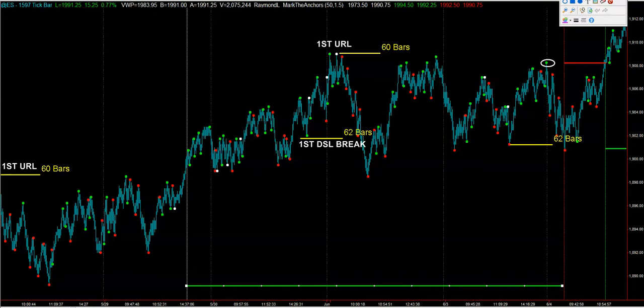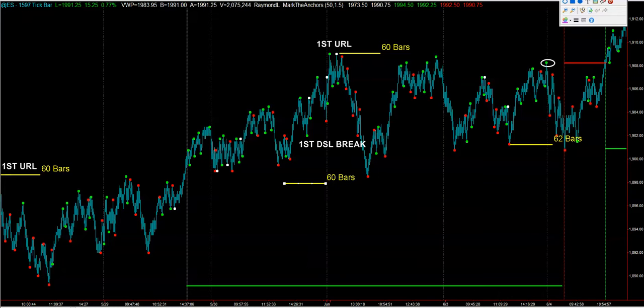Now, let's explore that. DSL is a downward supporting level, the opposite of a URL. The minimum bar requirement for a DSL is the same as the minimum bar requirement for a URL. And in this case, it's 60 bars. Okay?